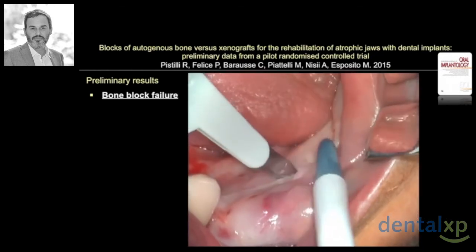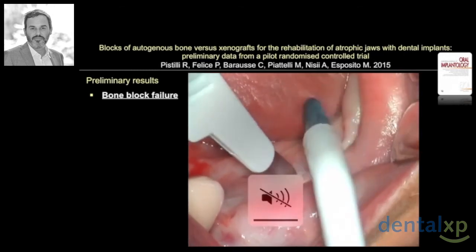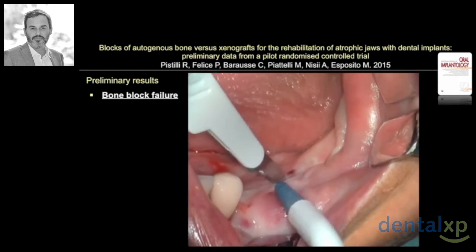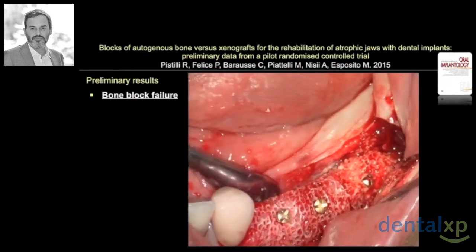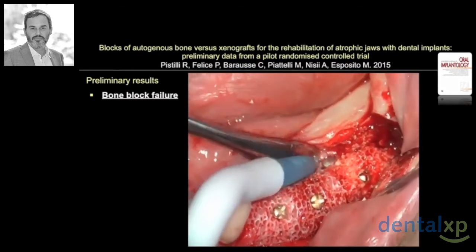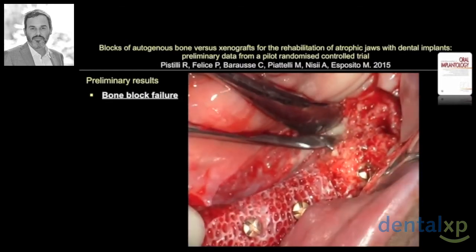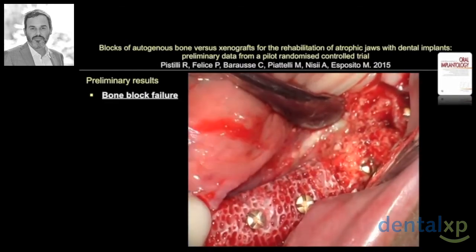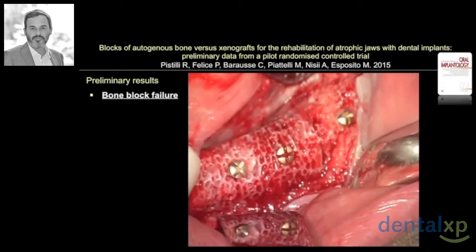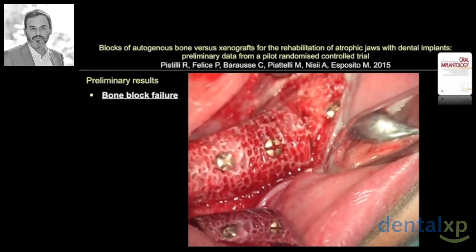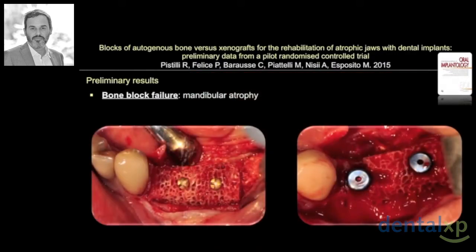And look in this video, the block is the same block 7 months ago, but in this case, the block is resorbed. Here is a better view, but the question is, what will happen to the implants placed?